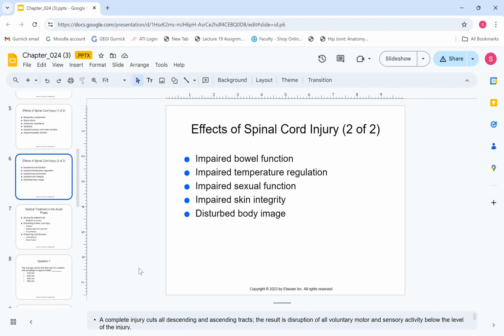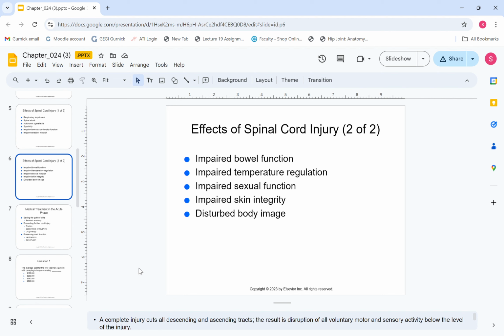So you won't feel anything below the injury because those ascending tracts will be cut off. And you won't be able to move anything below the injury because the descending tracts are cut off. The descending tracts are where your brain sends messages to your muscles to have them move. Since with a spinal cord injury those signals are cut off, you can't move anything below the injury. Because the ascending tracts are cut off, you can't feel anything below the injury.